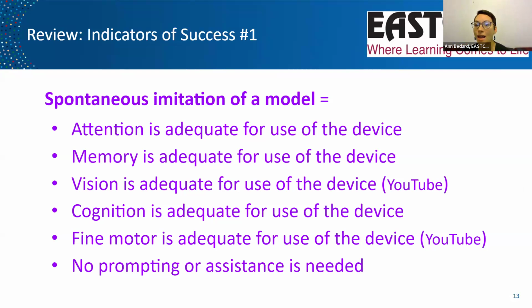Just by them spontaneously imitating one of your models, you can check all these boxes in your paperwork for insurance: attention is adequate, memory is adequate, vision is adequate, cognition is adequate, fine motor is adequate, and that no prompting or assistance was needed. That's what you really need to highlight throughout your paperwork for insurance funding, and all of that can be decided based on just a spontaneous imitation of a model.